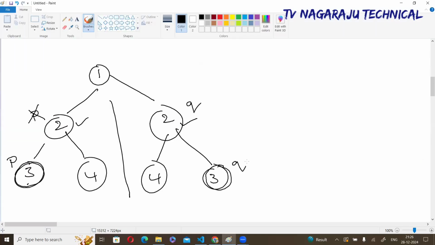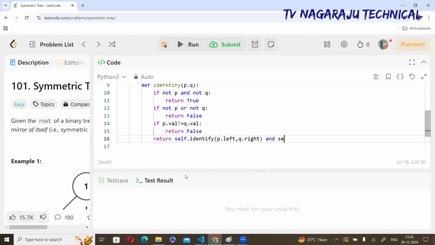At the same time, after completion of all the left, I am comparing p dot right with q dot left, so self dot identify of p dot right is compared with q dot left. Now, this is the program for symmetric tree.